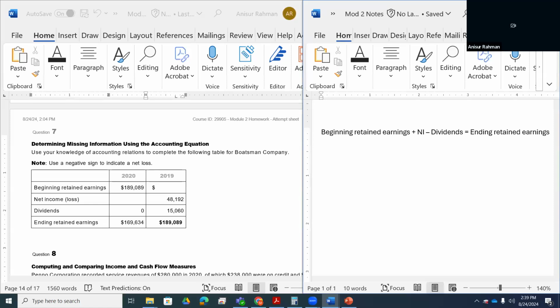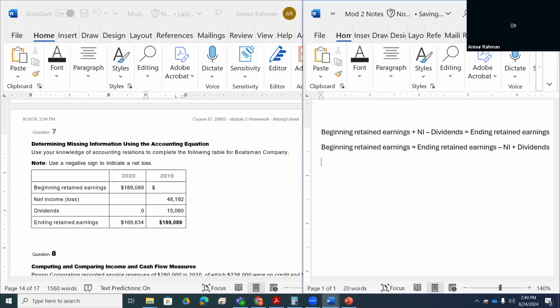So we need to find beginning retained earnings. I'll keep this variable on the left-hand side and take the remaining 2 variables to the right-hand side, which will change their signs: minus net income and plus dividends.